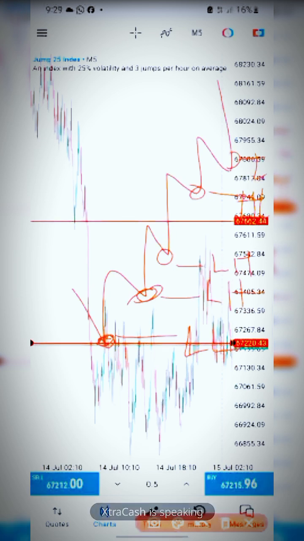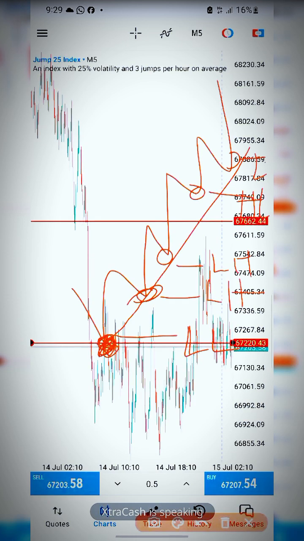Now, after identifying this lower low and lower high, you can go and get your trend line, then connect them together. You must make sure that the trend line you are drawing touches a minimum of 2 reversal points. 1, 2. If it touches 3, fine.